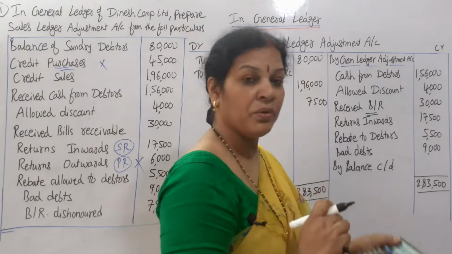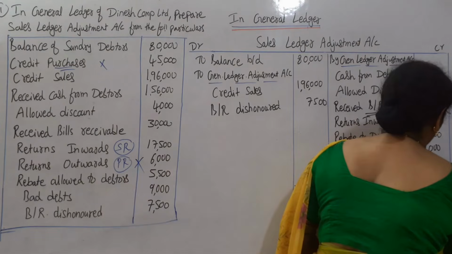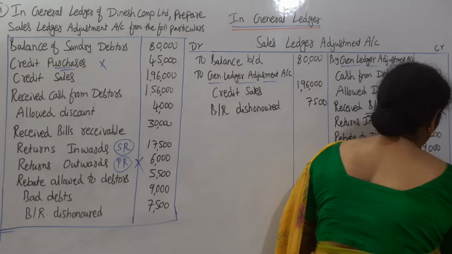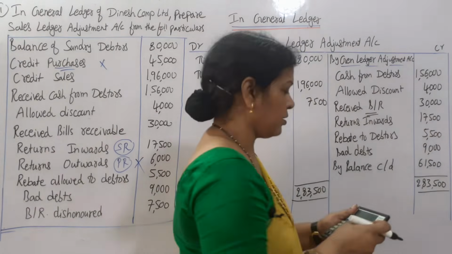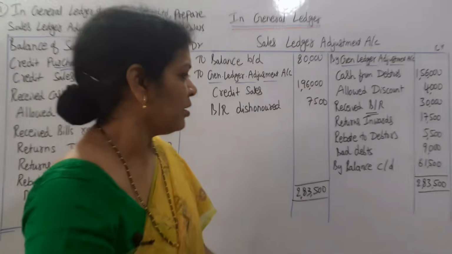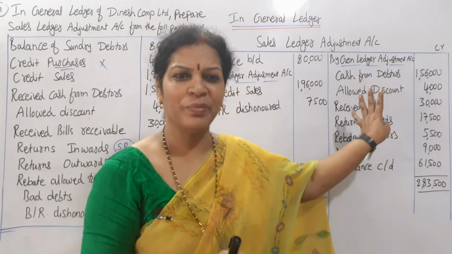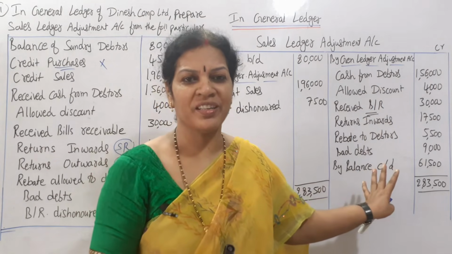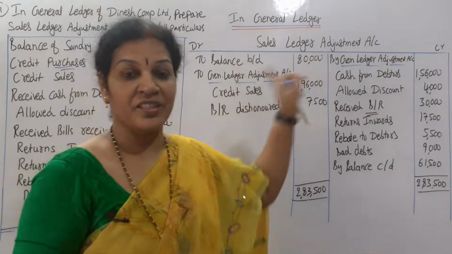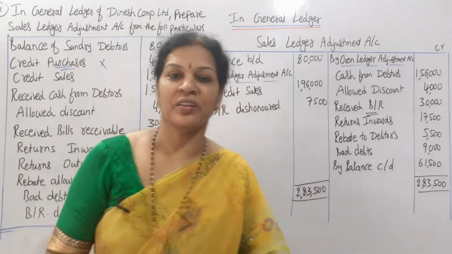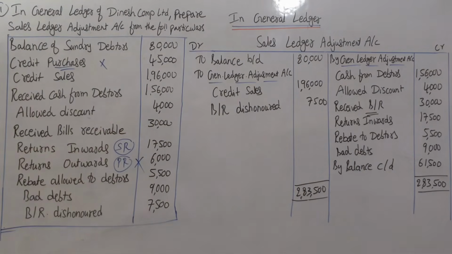It comes to 61,500. That's all. So simple a problem, nothing to worry. One simple ledger account we have opened. What is that ledger? In the general ledger, the sales ledger adjustment account. First take a screenshot, then I'll give you a recap.